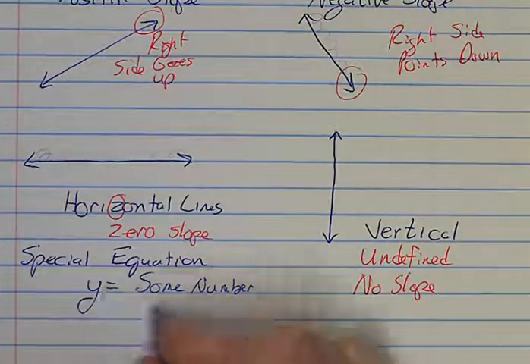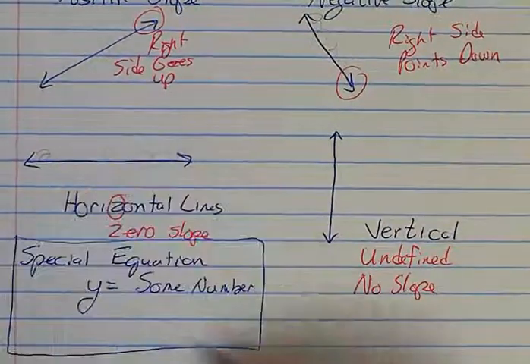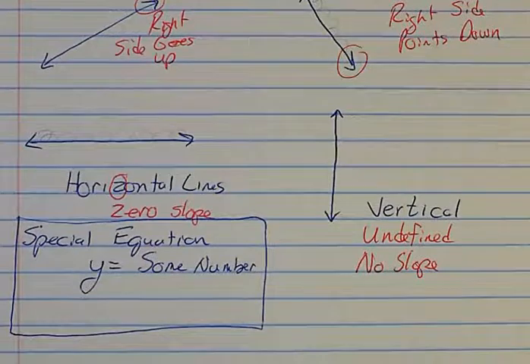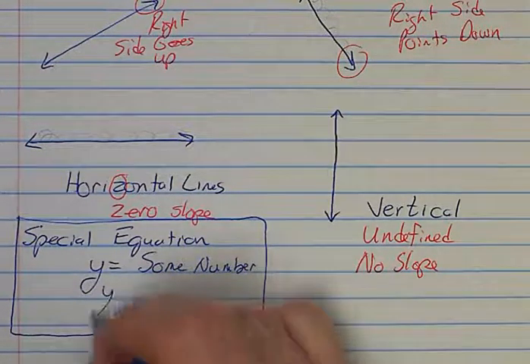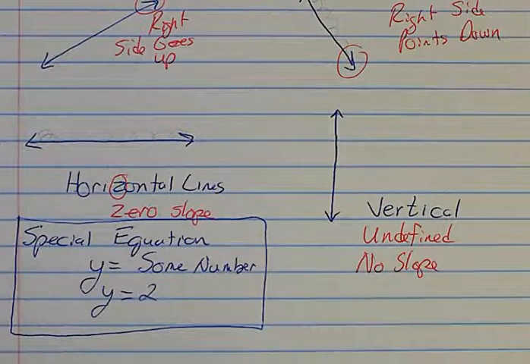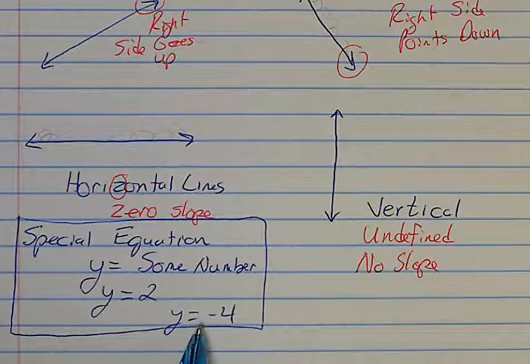So when you do this one, for horizontal lines, instead of y equals mx plus b, there is no y equals mx plus b form for horizontal and vertical lines. Every single one of those, it's just y equals 2, or y equals -4. And all it's going to be is you're just going to tell me where this thing crosses the y-axis, and that's going to be the number you're going to put here.